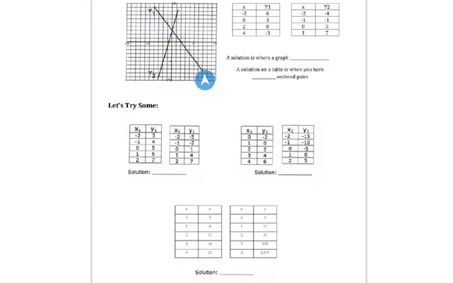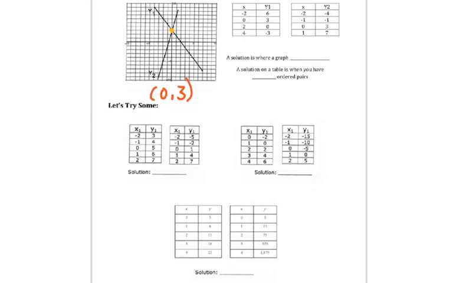So that's this line. Then we have another table to represent the other line. So from the graph, I see that they cross right there. So from the graph, I know that the solution is (0, 3). So that's with the graph.